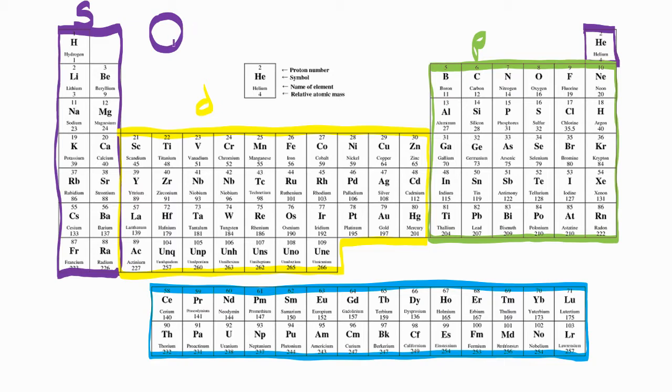So that's like a sphere, s, and s orbitals can fit 2 electrons. And if you look at how many elements wide this s block is, it's 2 elements wide. So lithium, beryllium, that's 2 elements, potassium, calcium, that's 2 elements. So the s block is 2 elements wide, and s orbitals can fit up to 2 electrons.